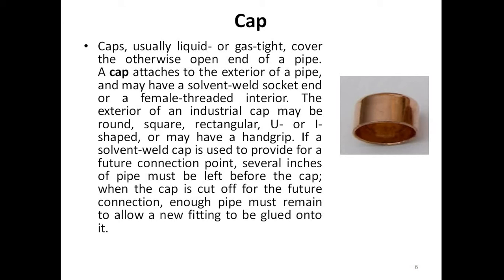When we want to use that pipe, the cap can be removed and another pipe can be connected to it by using various connections for further moving of that liquid or gas. These caps are available in various shapes like round, square, rectangular, U or I shape, depending on the application.